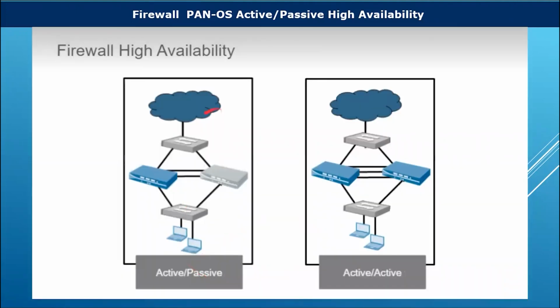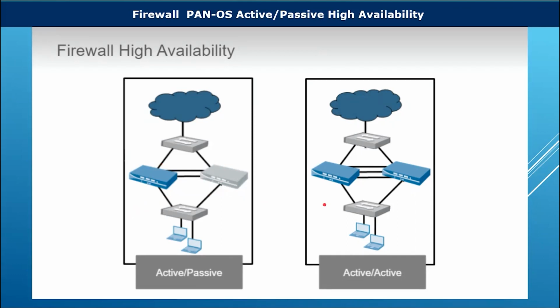So now let's see. This one is the active passive. If we are talking about the production real environment, everyone is using this. One device is active, another device is standby. This is the standard and best practice of the Palo Alto firewall deployment. But apart from that, we also have the active active option.